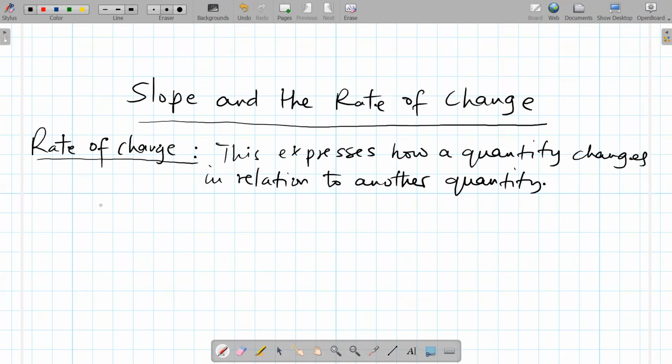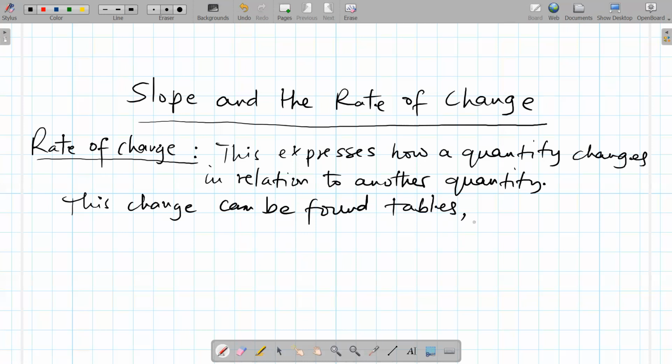Now this change can be found on tables. You can find this on graphs, and through equations.